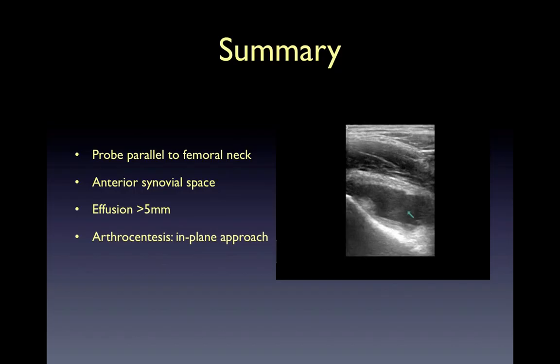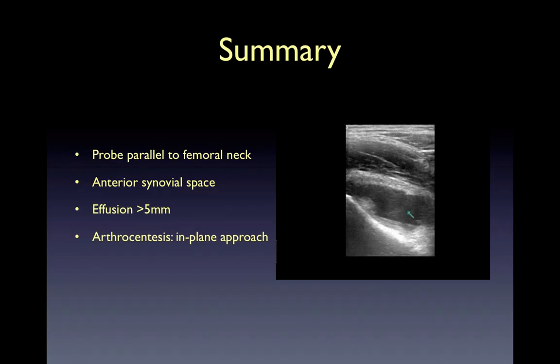In summary, when performing hip sonography, remember to position the transducer parallel to the femoral neck with the probe indicator pointed towards the umbilicus. Remember the mantra that reminds you of the pertinent anatomy. Head with growth plate, neck, iliopsoas, anterior synovial space.